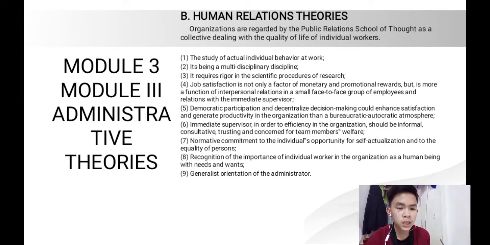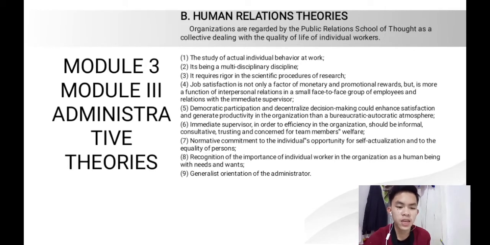Fourth, job satisfaction is not only a factor of monetary and promotional rewards, but it is more a function of interpersonal relations in a small face-to-face group of employees in relation with the immediate supervisor. Fifth, democratic participation and decentralized decision-making could enhance satisfaction and generate productivity in the organization more than a bureaucratic, autocratic atmosphere.